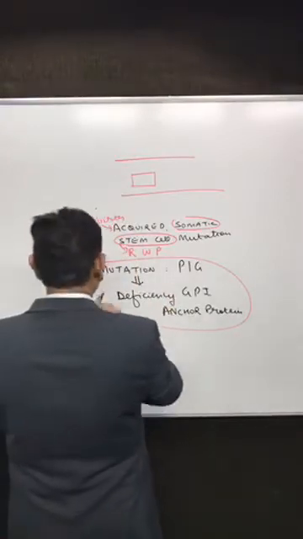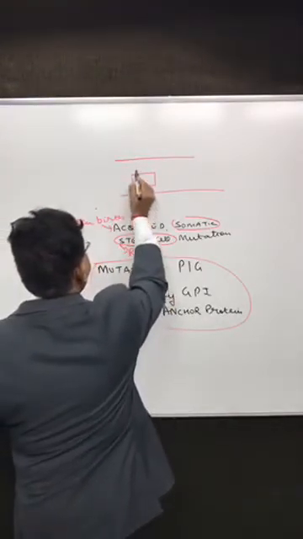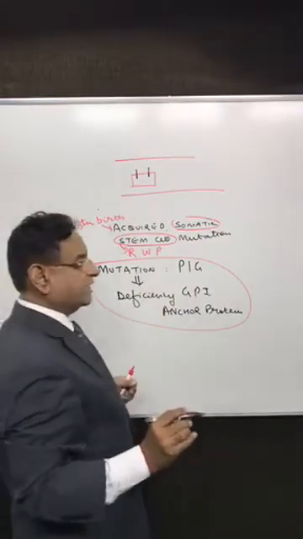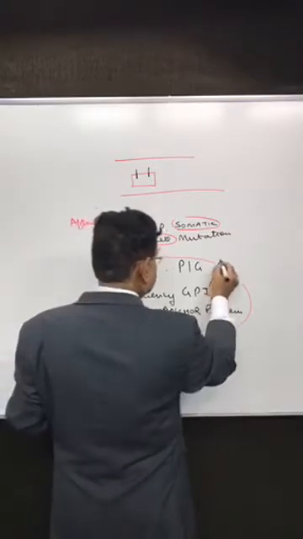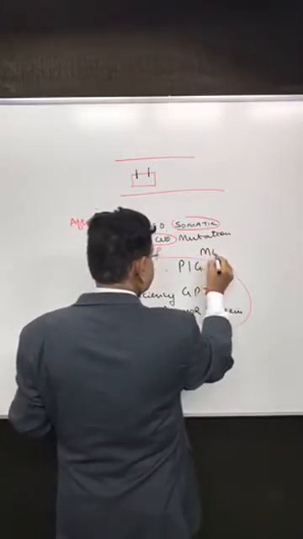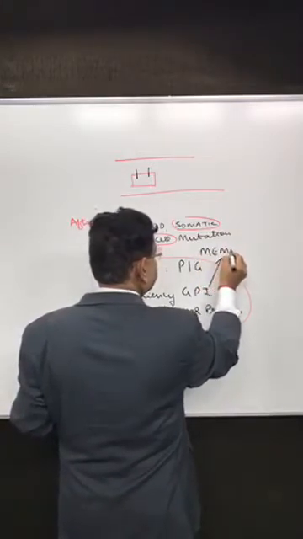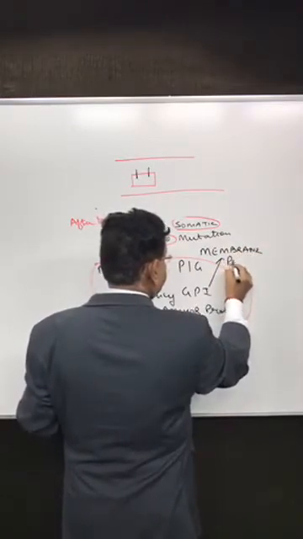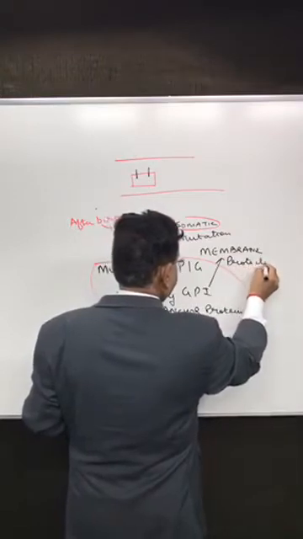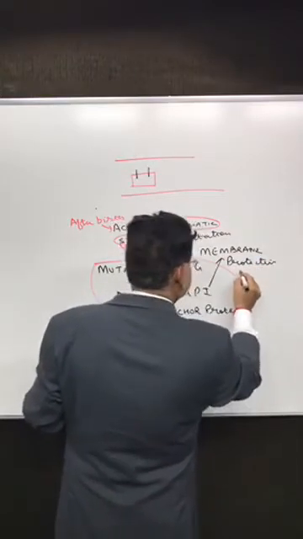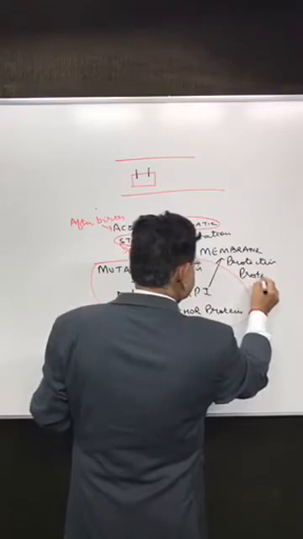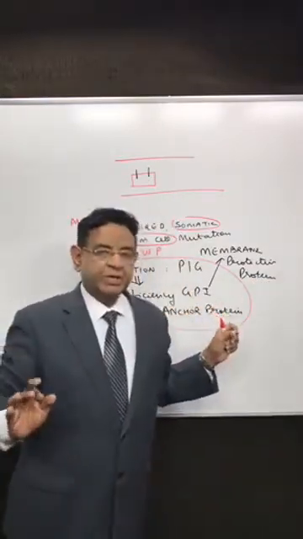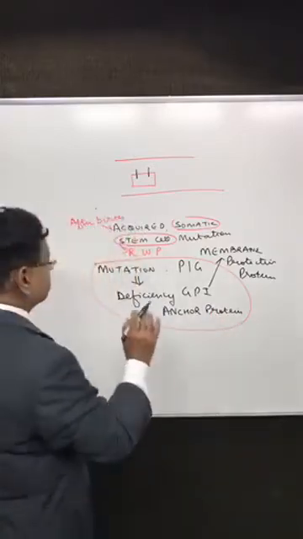So I am taking one cell. In this, we have a membrane protecting protein, also known as membrane protective proteins. To this are attached membrane protective proteins.